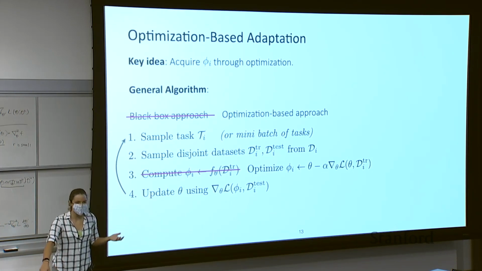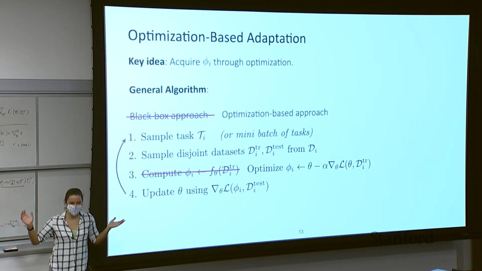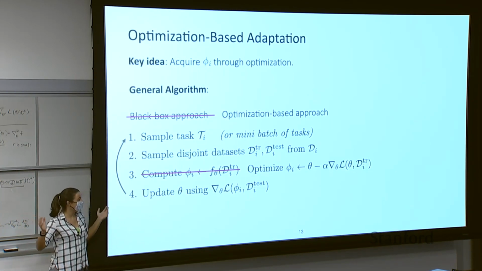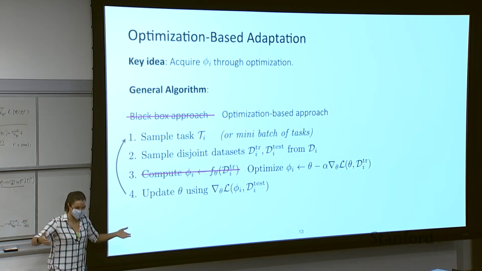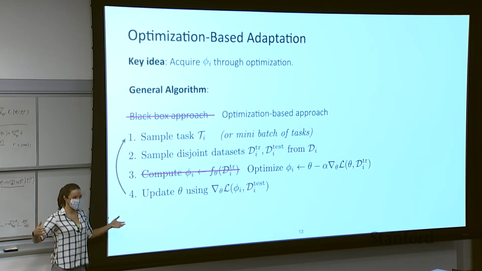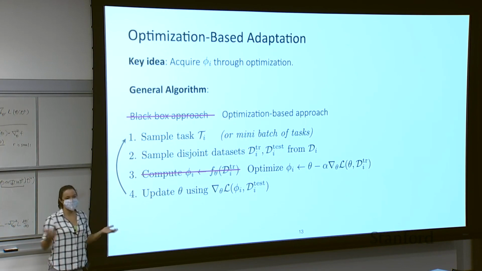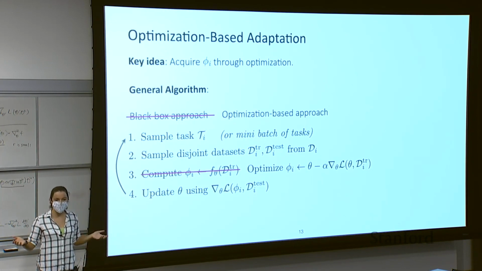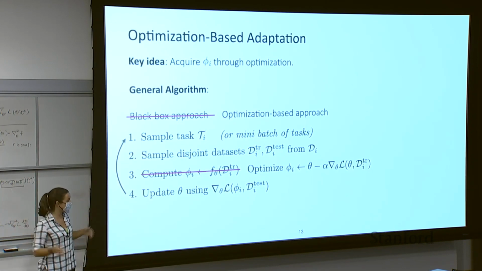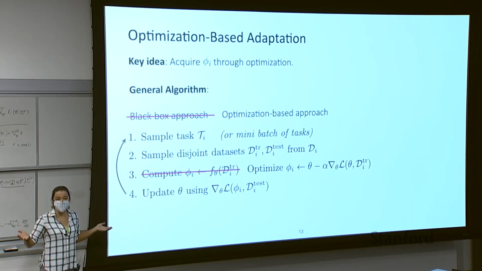And so if you're given a task that is completely out of distribution from what you saw before, at the very least, you are running gradient descent. You're running fine-tuning on that task. And so we can expect fine-tuning to already do fairly well on a variety of tasks. And so you should expect it to do at least as well as fine-tuning on out-of-distribution tasks.